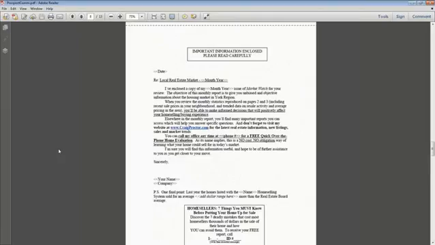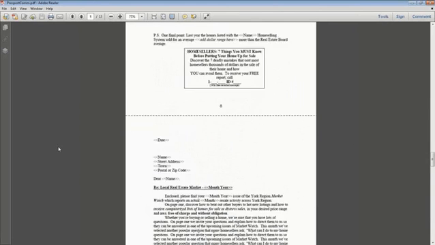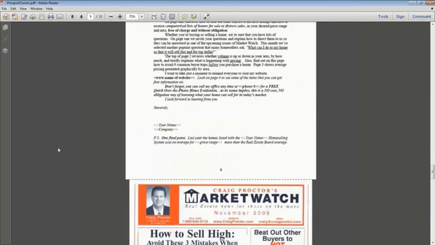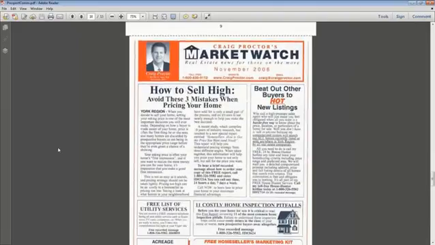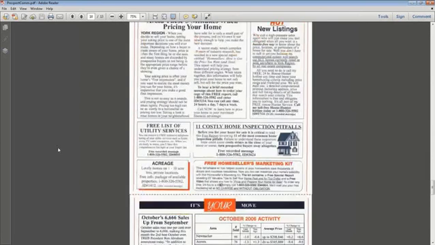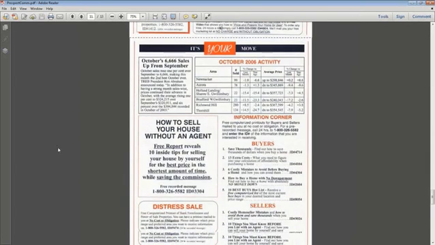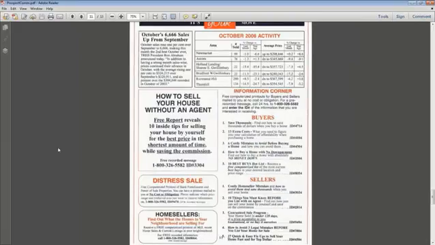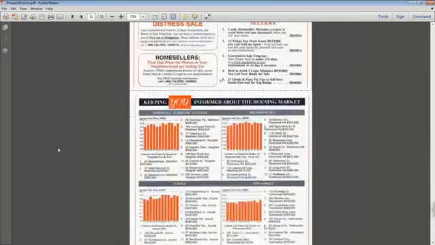This is where you're going to personally speak to that prospect. It does two things. It lets them know who you are, what you're sending them, and why you're sending it to them, and it baby steps them into reading the newsletter because you're talking about what's inside that Market Watch newsletter and why they want to read it.